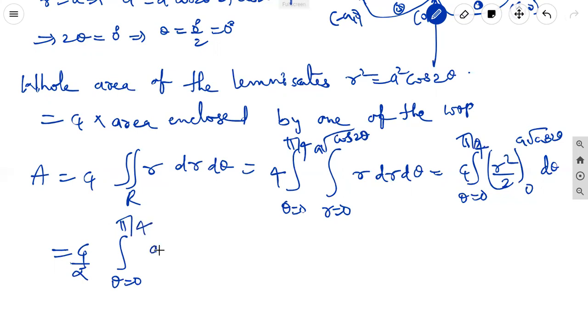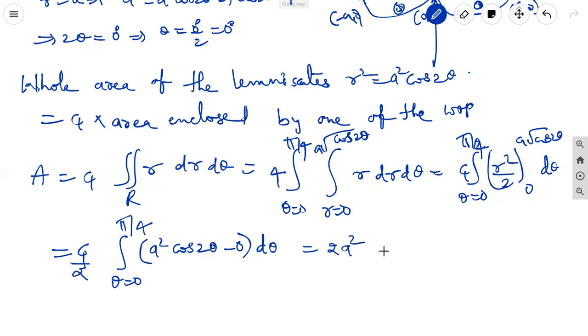It is equal to 4, this 2 outside, and the integral from 0 to pi by 4 of a square cos 2 theta minus 0, d theta. It is equal to 2a square outside.